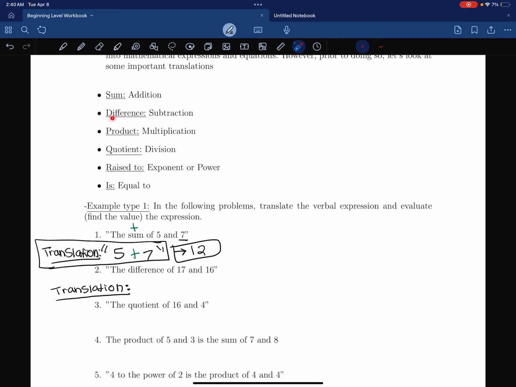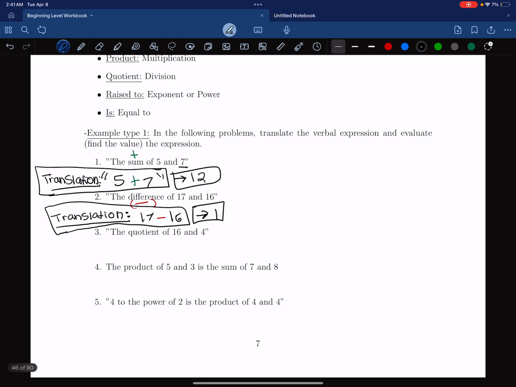As you see above, difference means to subtract. So I'm going to say difference, we have subtraction, and then we have 17 and 16. So we're going to take 17 and subtract 16 from it. And that's our translation. And 17 minus 16 is just 1.